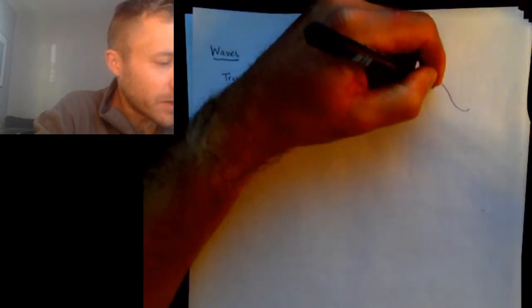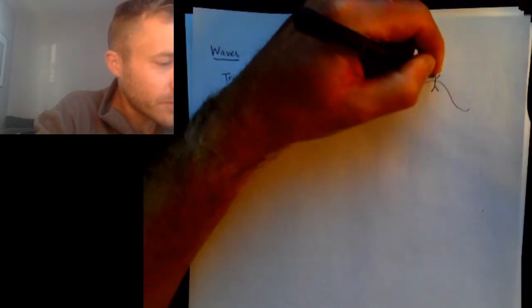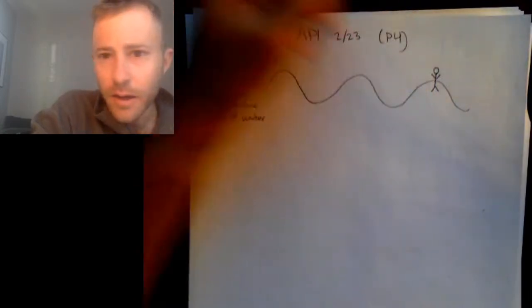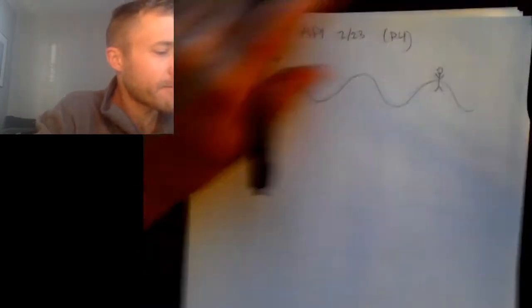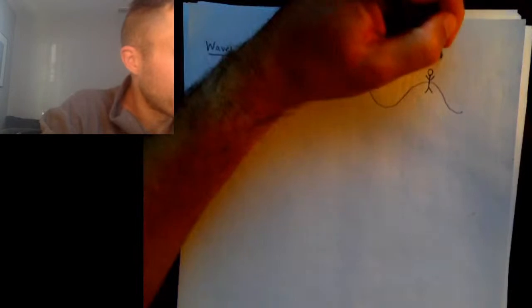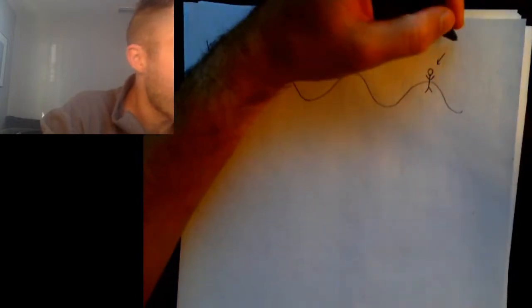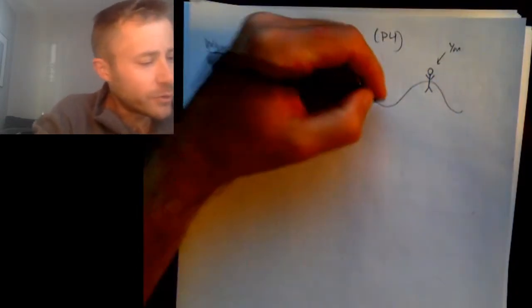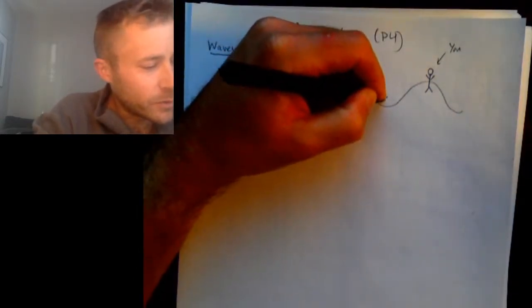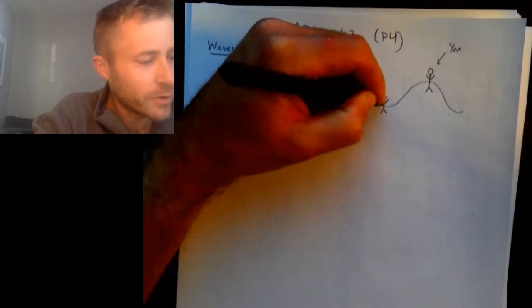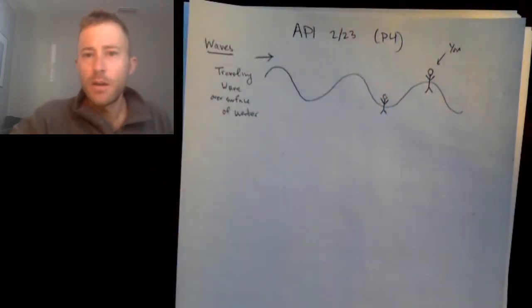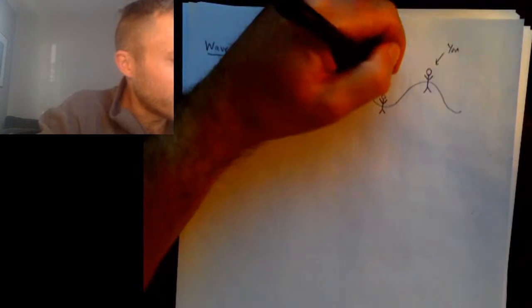So you are right here floating, and so this is you, and then here is your friend who is also in the ocean floating. You're both swimming together, okay? So this is your friend.